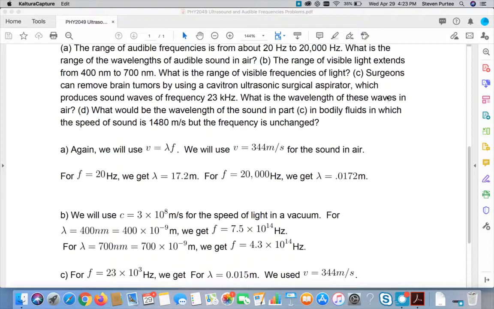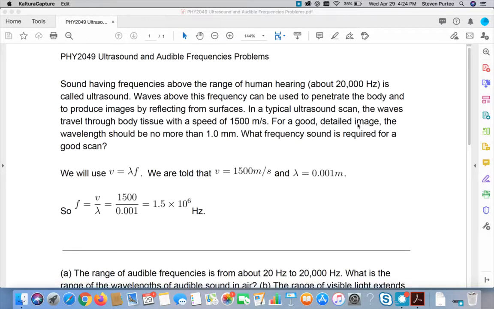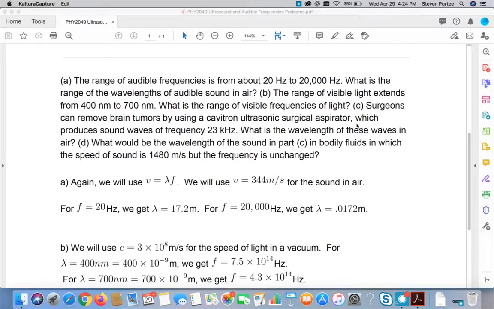Part C is a different question. This comes from the same book. It's a different question about ultrasounds. And again, like in this problem, they said ultrasounds use frequencies higher than 20,000 hertz. So we've got 23,000 hertz as our frequency.